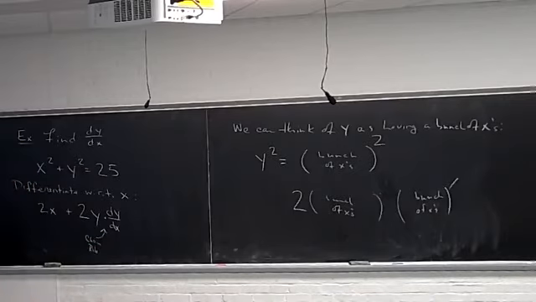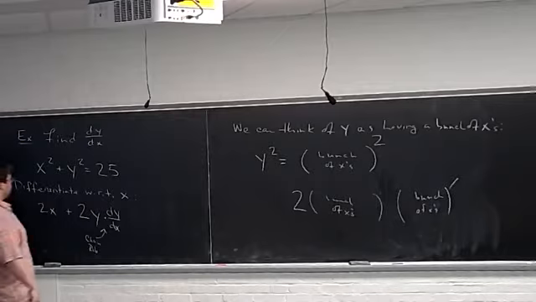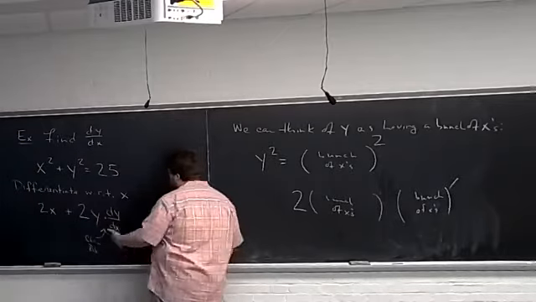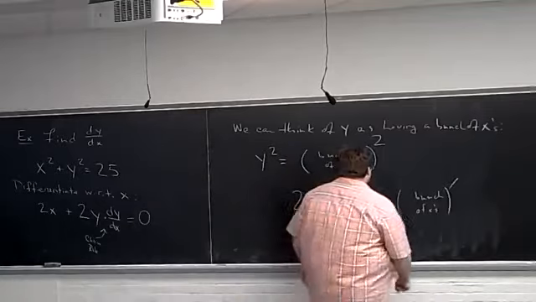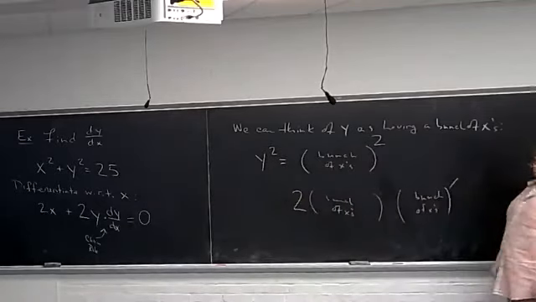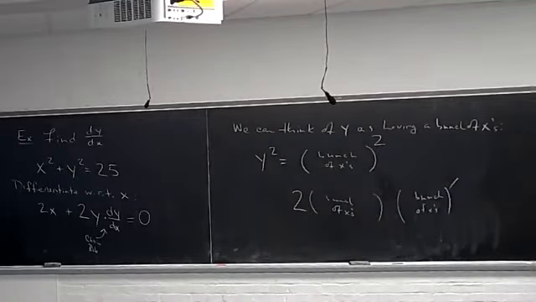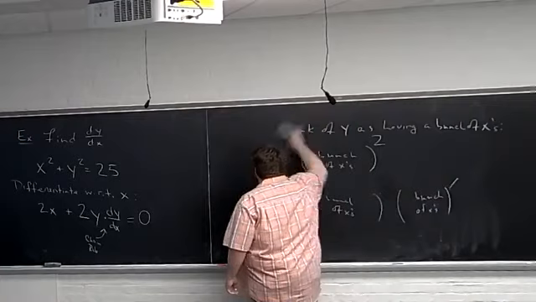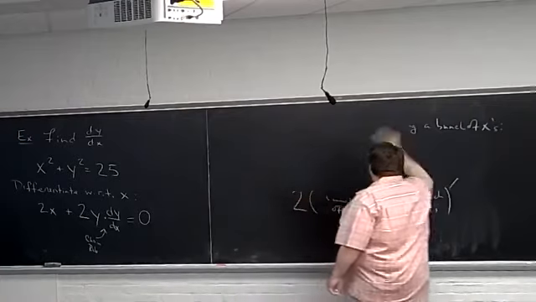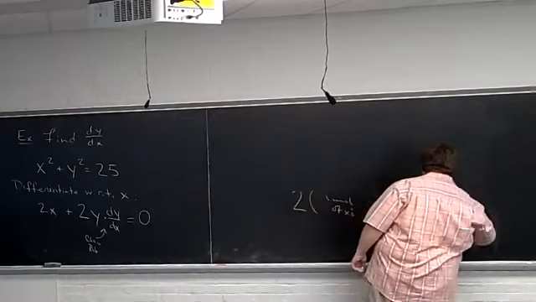Any questions about dealing with the y squared piece? Now, let's finish this equation. 25 is constant, so its derivative is 0 with respect to anything. Let's finish this, then I'll say the 2 things I was about to say. Our goal here was to find dy dx. And notice in that equation, there is a dy dx.